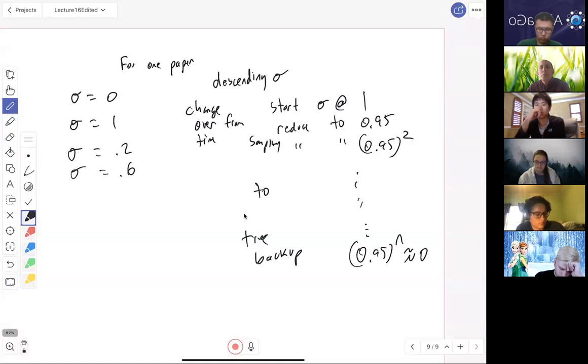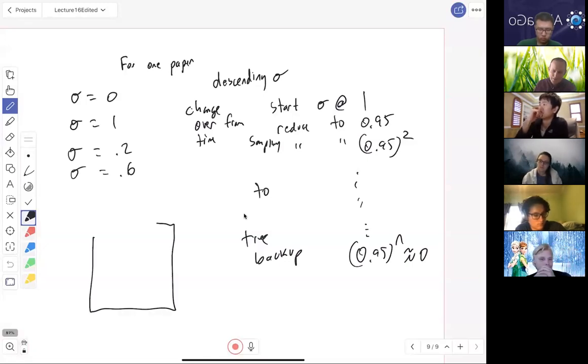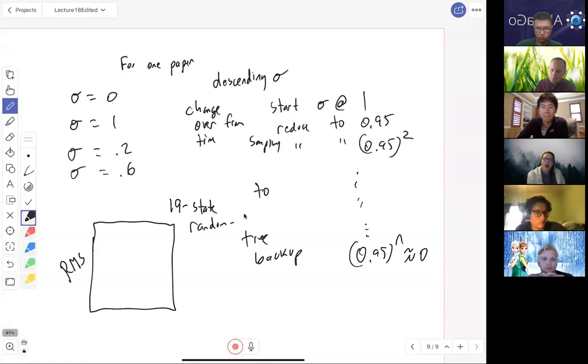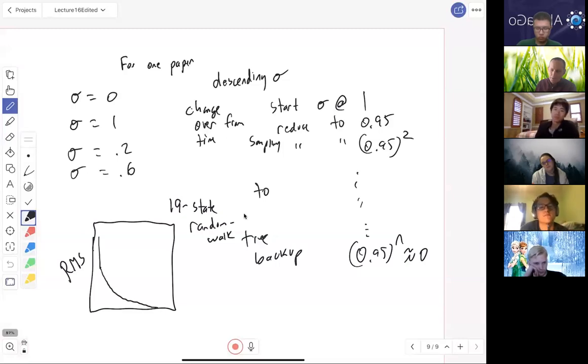A good example was the root mean squared error for the 19 state random walk. With the tree backup with this descending sigma, they could end up with a 0 root mean squared error.